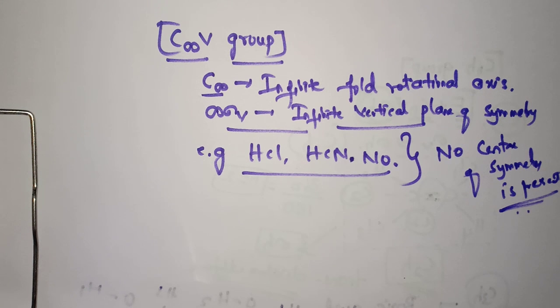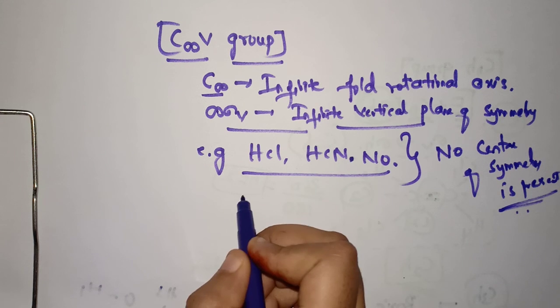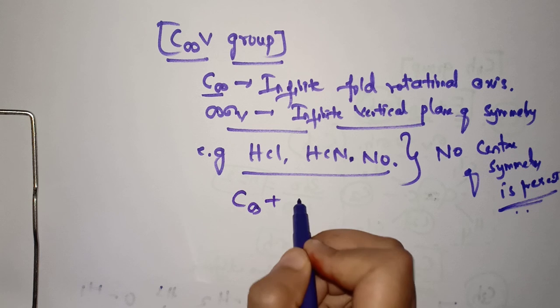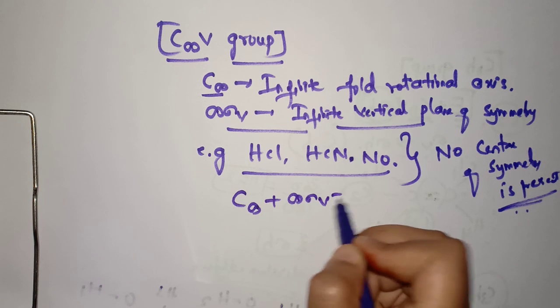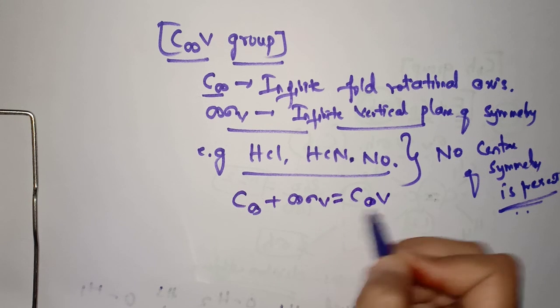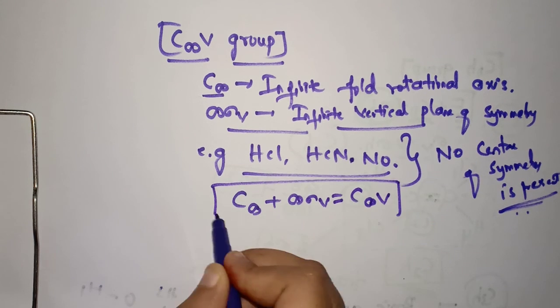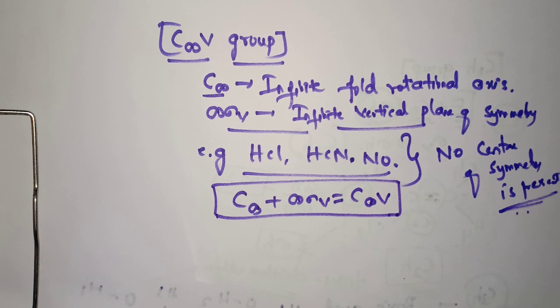In general, molecules belonging to the C infinity V point group are linear without a center of symmetry, that means an inversion center is not present. So C infinity plus infinity sigma V belong to C infinity V. These are the symmetry elements in this group.